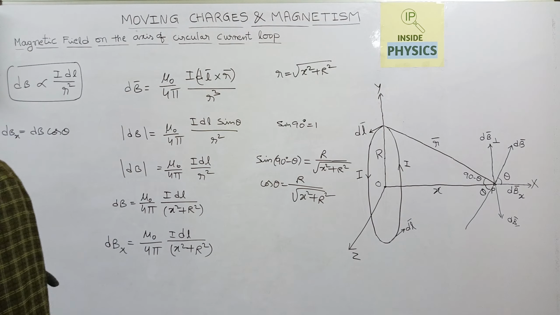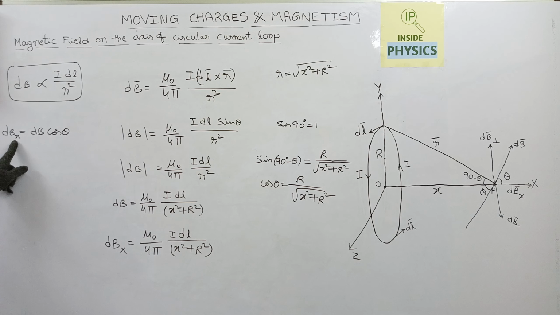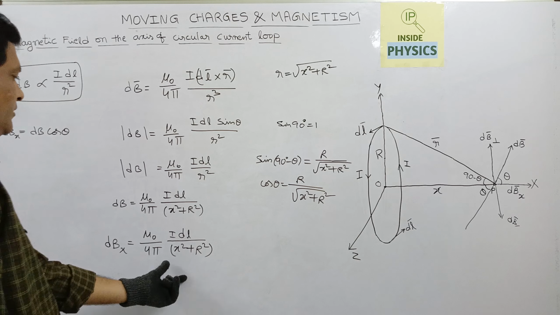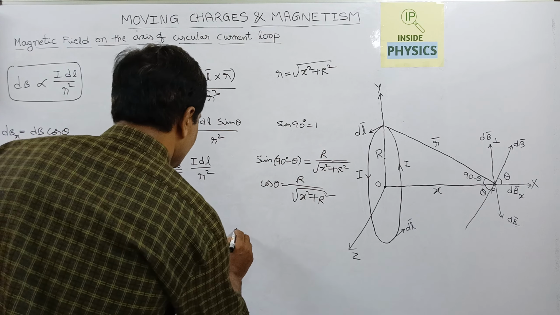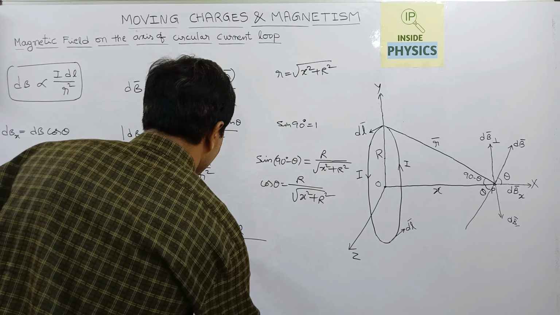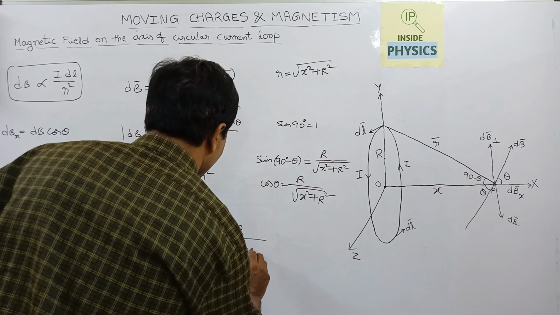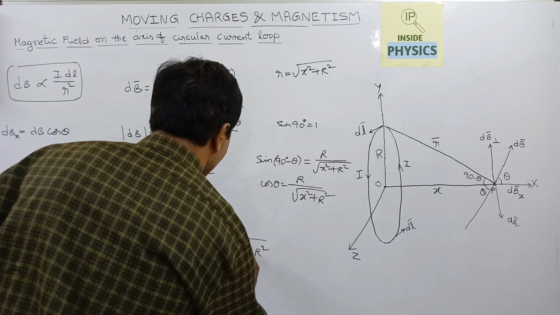So in dBx is equal to dB cos theta, this is dB, and cos theta is this value, r by root of x square plus r square.